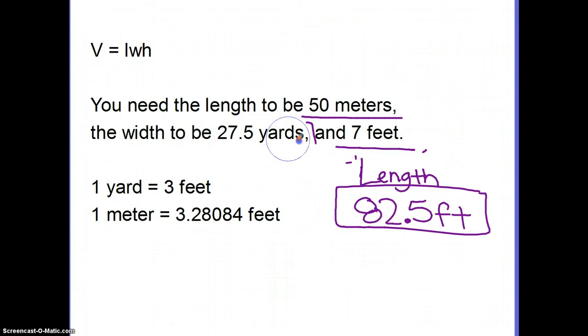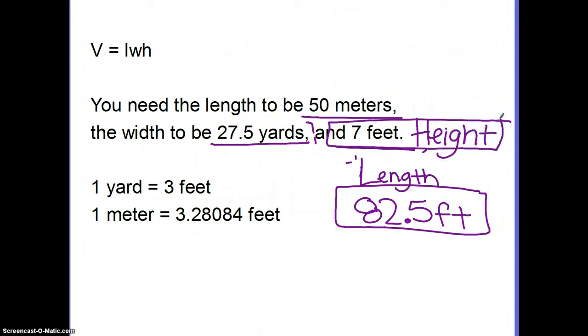We've taken care of 27.5 and turned that into feet. And then the 7 feet here must be the height, because that's the one that wasn't said. So we've got the height, we've got the length. So now we need to take the meters and change that into feet also.